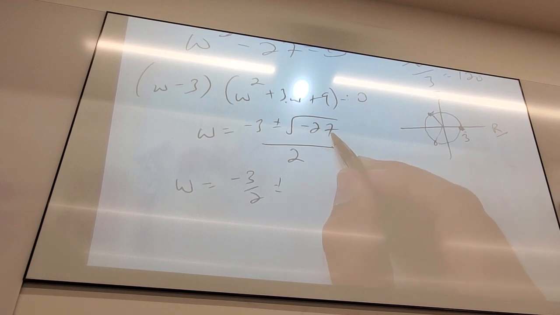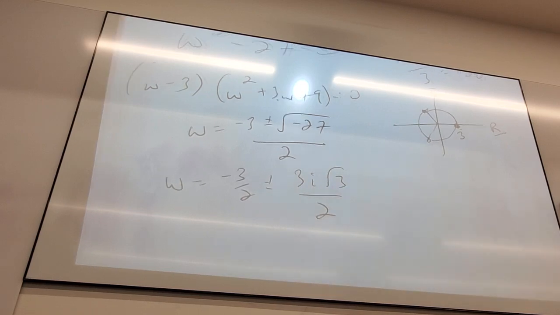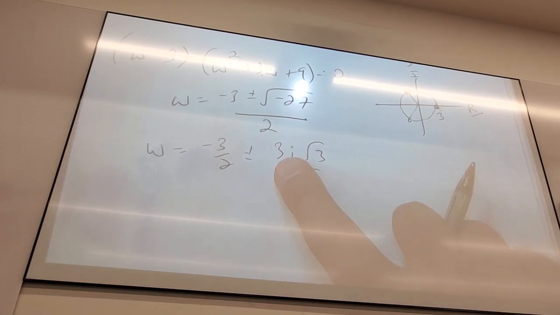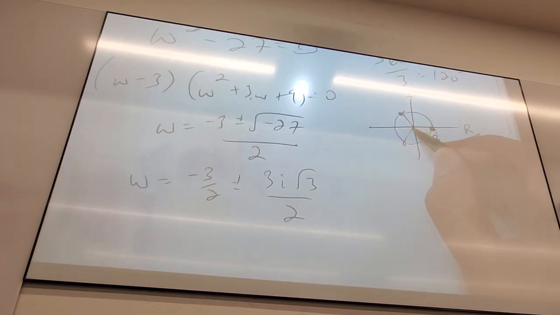The square root of this would be 9 times 3, so it'll be 3i root 3 over 2. If I put that into complex form, it would be 120 degrees over. If I go back 3 halves and up 3 root 3 over 2, I end up here. It's the same place.